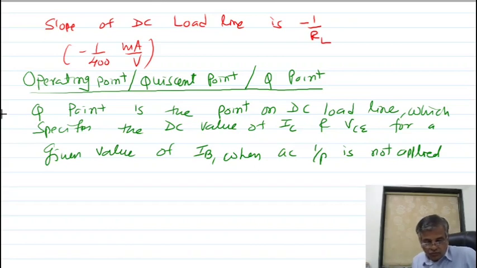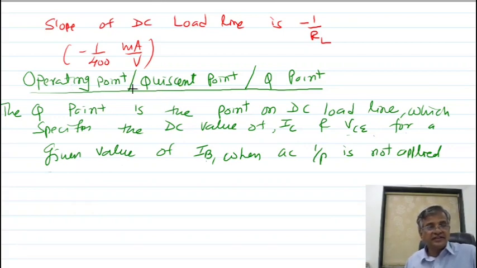Remember, the Q point is the point on the DC load line which specifies the DC value of the collector current and collector-emitter voltage for a given value of base current when the AC input signal is not applied. This is also called the operating point.